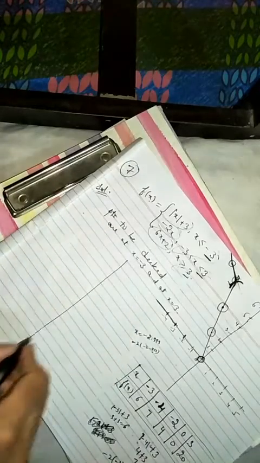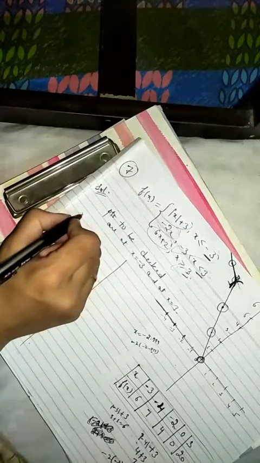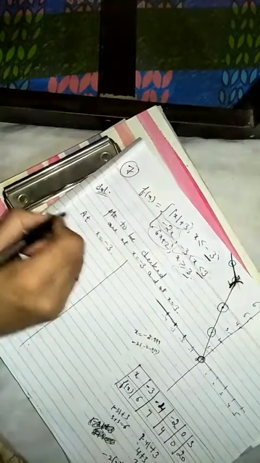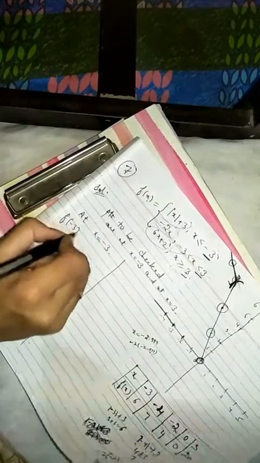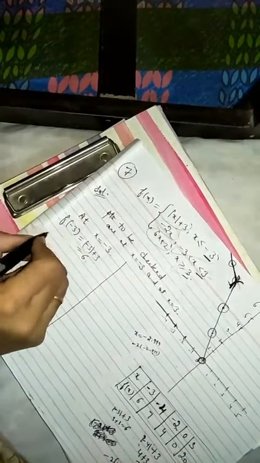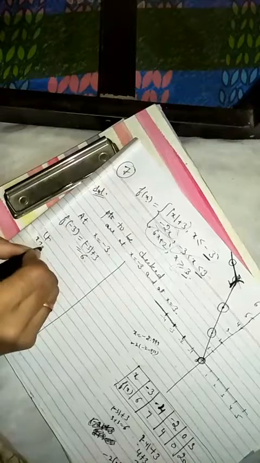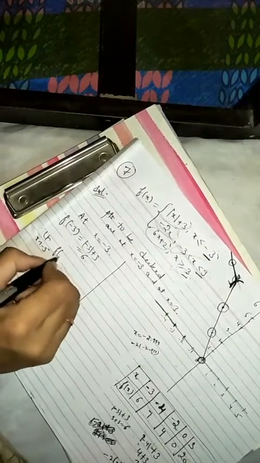So first, let us find the continuity at x equal to minus 3. What is the value of function at minus 3? It is minus 3 plus 3, which is 6, right? Limit x tending to minus 3 negative f of x, that is limit x tending to minus 3 negative mod x plus 3.